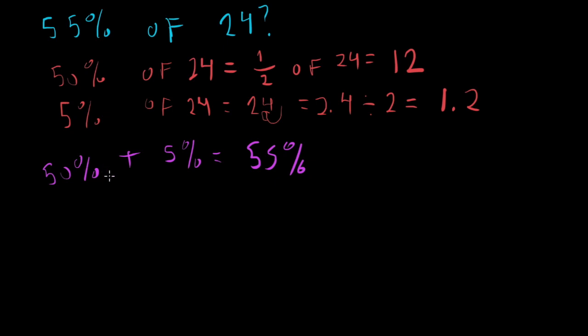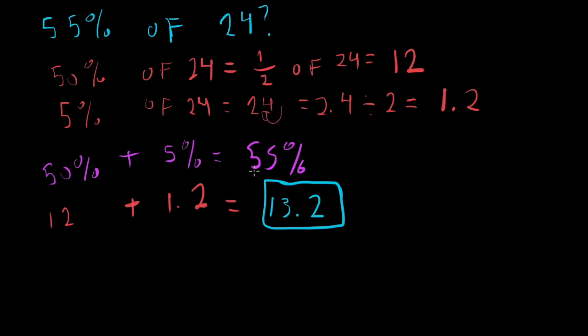So that's going to be 50% we know is 12 plus 5%, which we know is 1.2. And 12 plus 1.2 is 13.2. So 55% of 24 is 13.2.